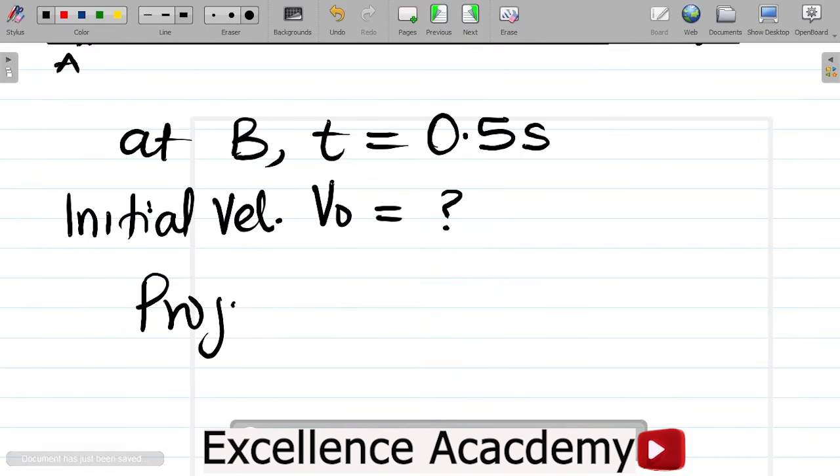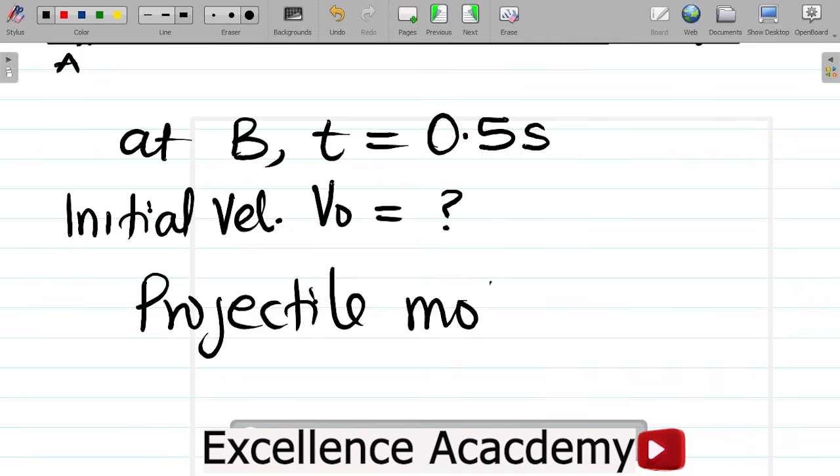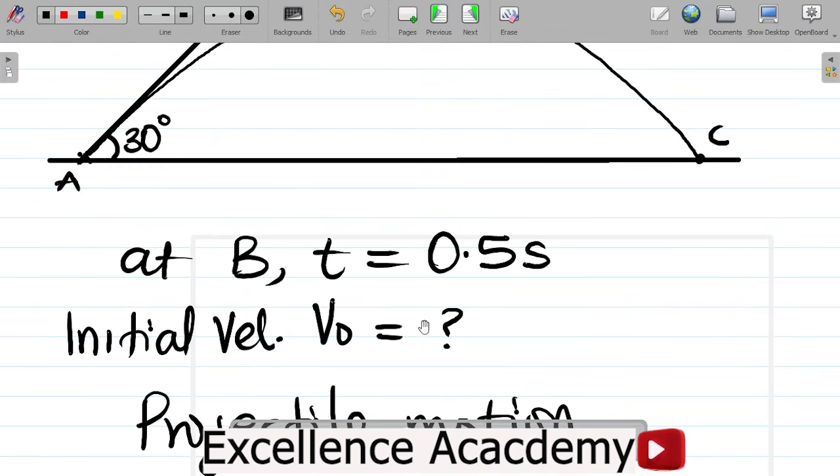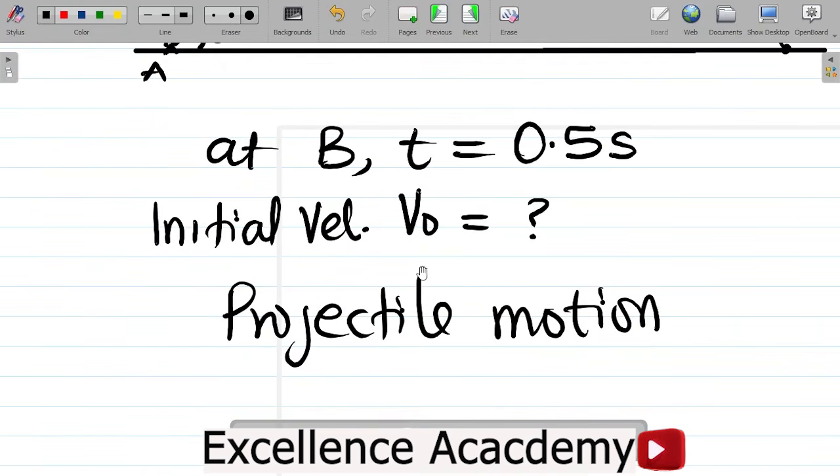Of course, we've discussed the concept of projectile motion in our previous class, so you can check the JAMB and PUTME playlist for the class on projectile motion.